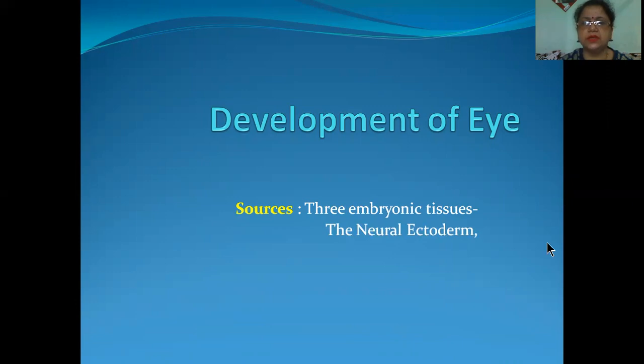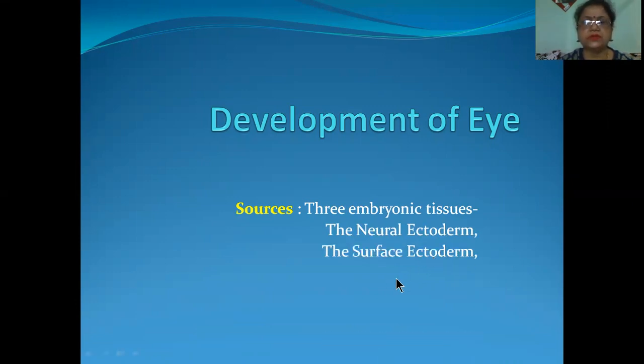This is equally important to know, because once you know about the development of the eye, you will know why things are happening, why this is so, why that is so. To begin with, there are three embryonic tissues from which you get the eyeball. Very interesting actually. Number one is the neural ectoderm.